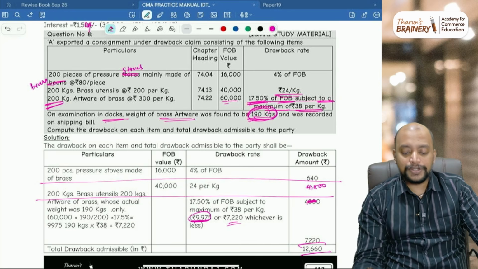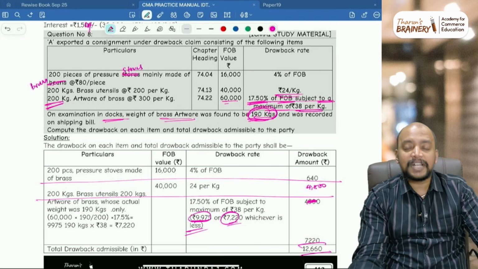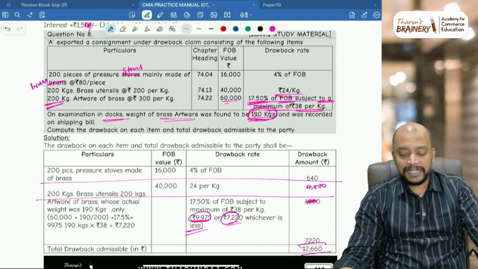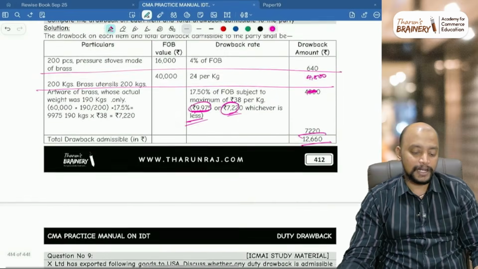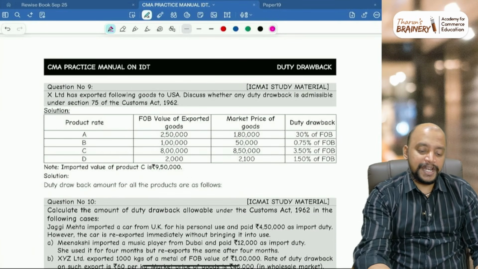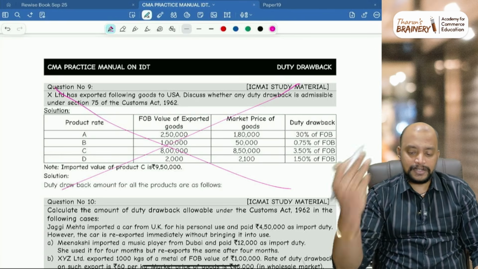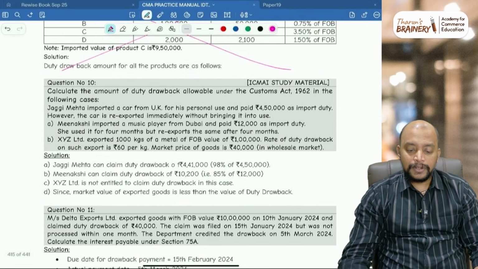That will be 7,220. Whichever is less, because subject to maximum is the word used. So whichever is less, 7,220 should be taken. Next. See, this question number 9 is repeated already. We discussed this above.